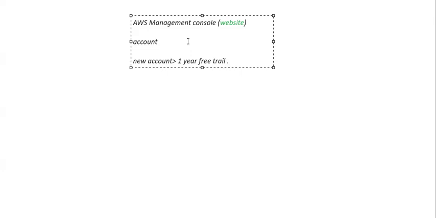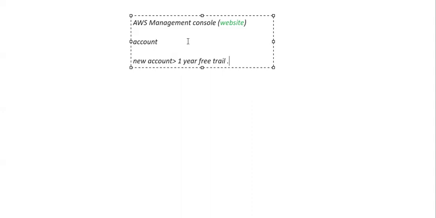In that free trial, they provide you some resources which are eligible under this free trial. Those resources you can use for free. Based on the limitations they offered, you can use those resources free of cost.